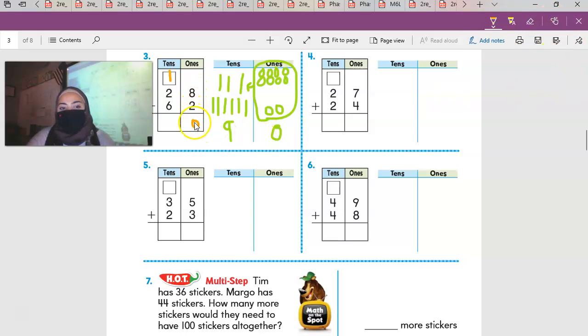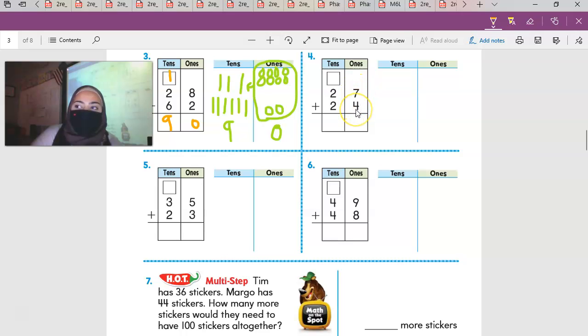8 plus 2 is 10. The 0 stays here. The 1 you have to carry over to the 10s place. 1 plus 2 is 3, and then 6 plus 3 is 9. 90. Whoa, that's a big number. Whew, okay. Now let's look here. 7 plus 4.